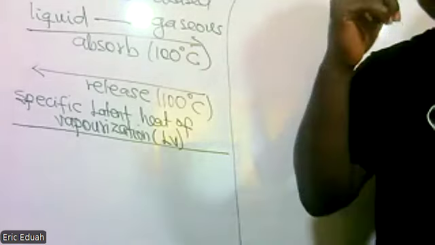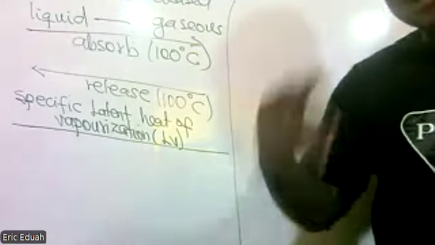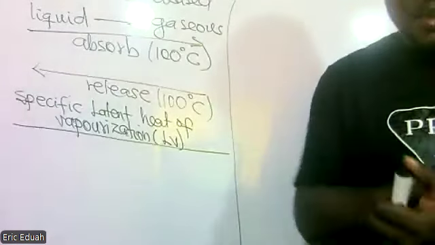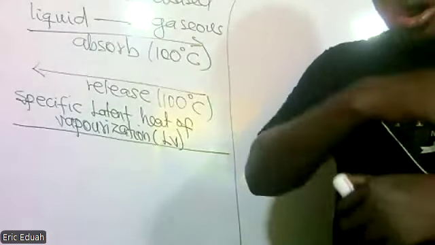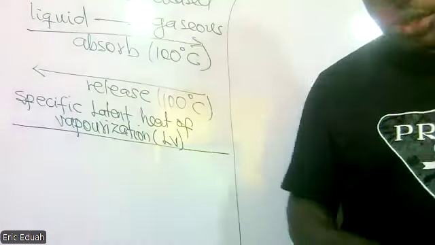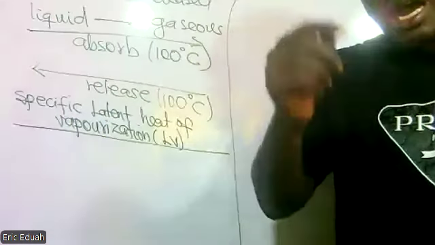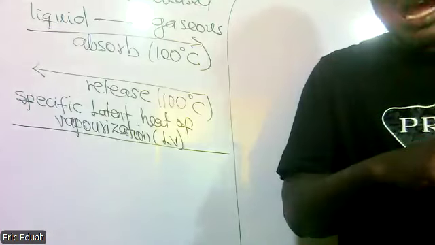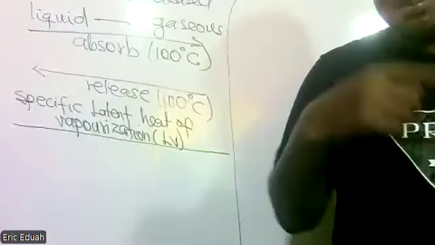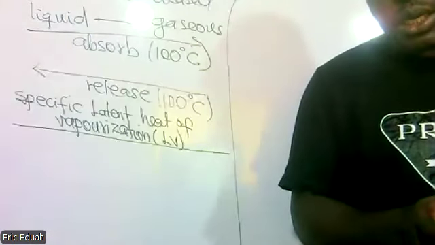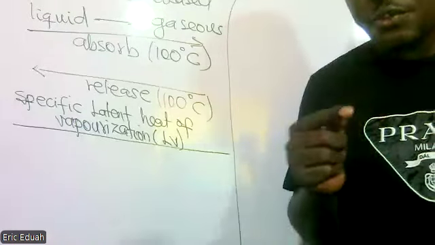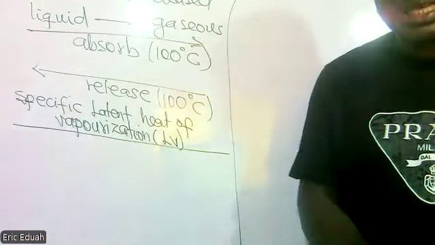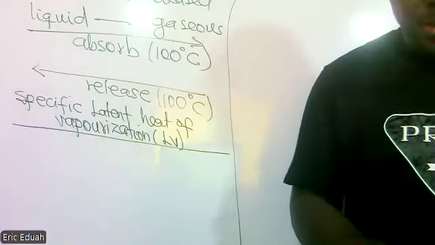So it is that amount of heat energy that must be absorbed or released by a unit mass of a substance at its boiling point to change state from the liquid to the gaseous state at constant temperature.